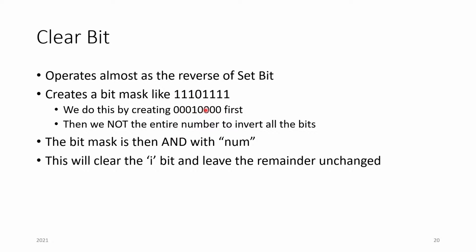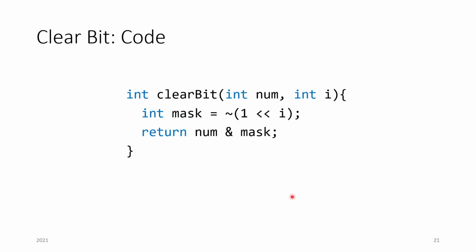And we just invert this to get the bit mask. So once we have this inverted bit mask here and we AND it with our input variable num, this will clear that bit at that particular position and leave all the other bits unchanged. This is the general code for this as well.